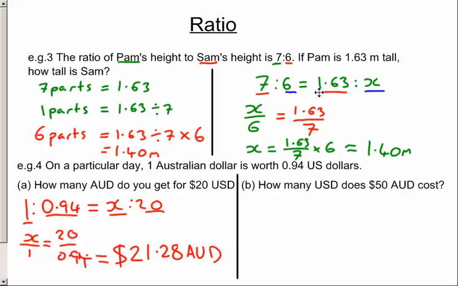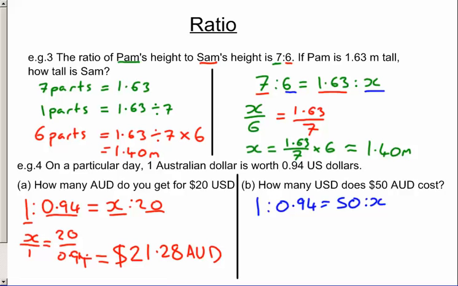And in part B, how many US dollars does 50 Australian dollars cost? So if you want 50 Australian dollars, how many US dollars do you have to spend? Again, it's 1 to 0.94, but this time that's equal to 50 to the unknown x.